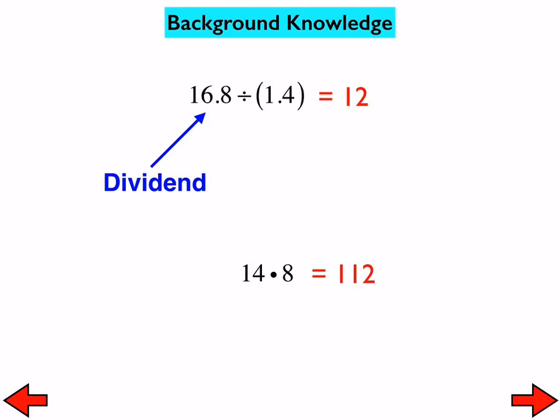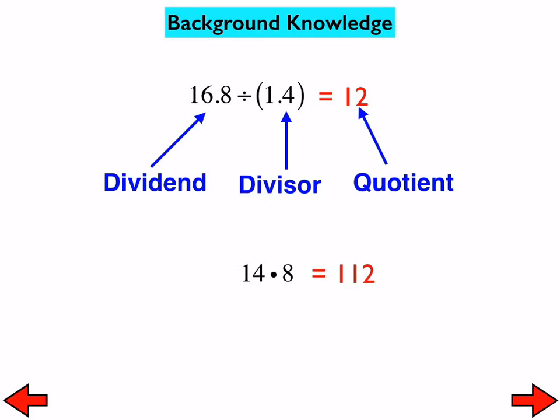In the first problem, the 16.8, we refer to that as the dividend, 1.4 as the divisor, and this is where you should be copying stuff down. And of course, 12 is the quotient. Quotient is typically referred to as the answer to a division problem.